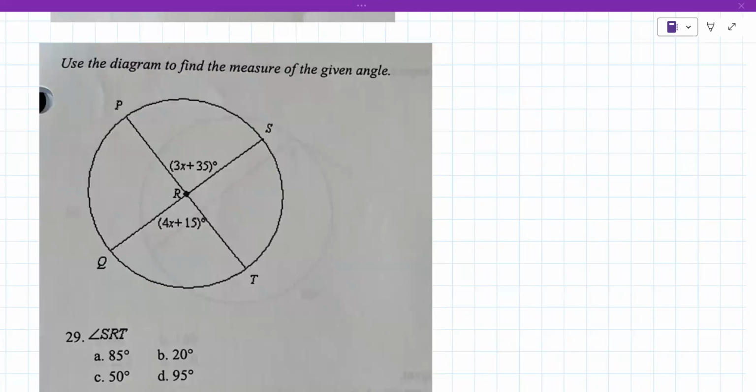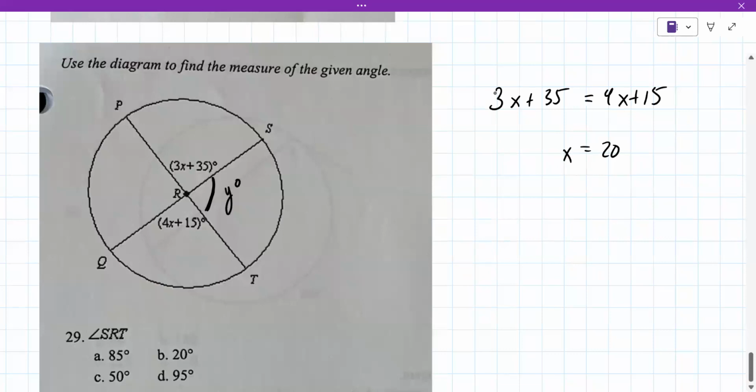Letter A. Okay, how confident are you in your answer? Because I don't have the answer in front of me, but pretty confident. Okay. Did you get X equals 20? Yes. Okay. And then they're asking for SRT, which is over here.